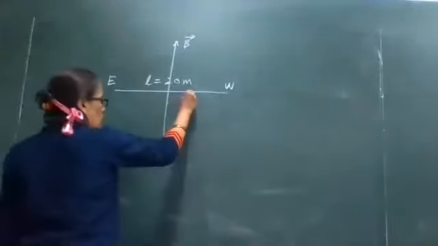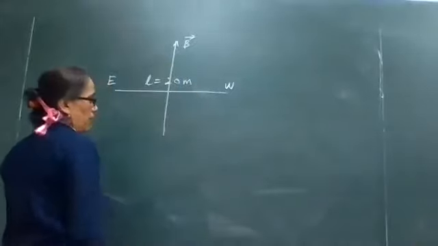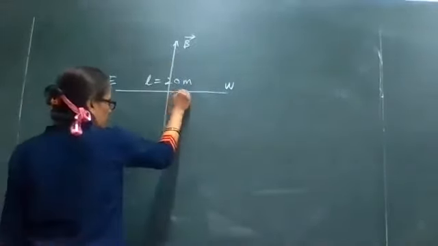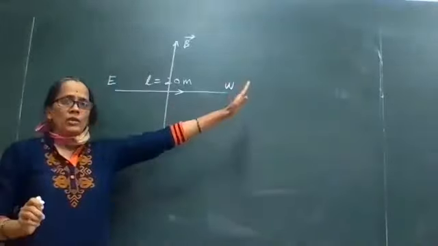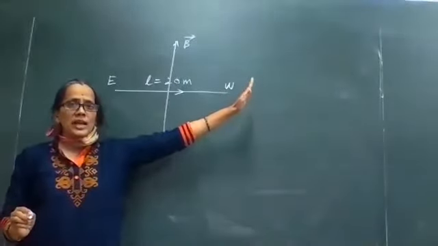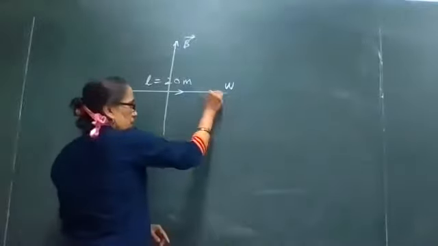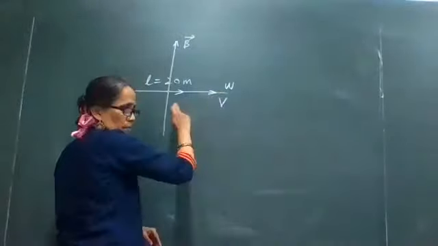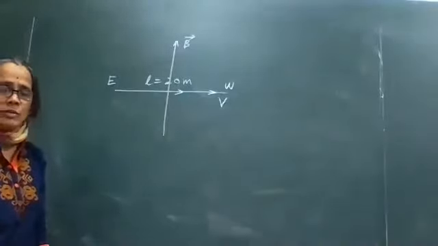So like this, your rod will be falling, normal to the magnetic field. If I throw the rod in this direction, this is the direction of velocity, which is perpendicular to the magnetic field.